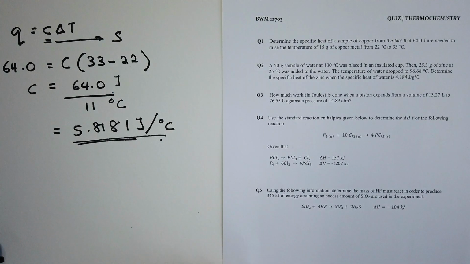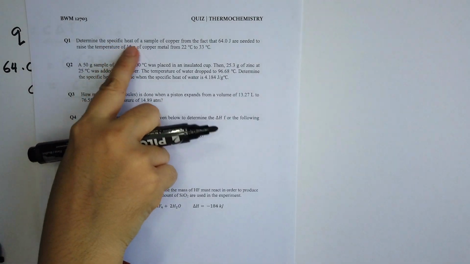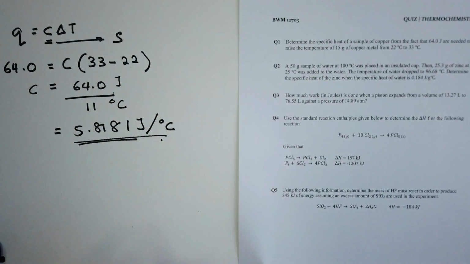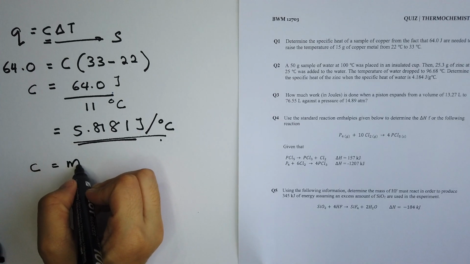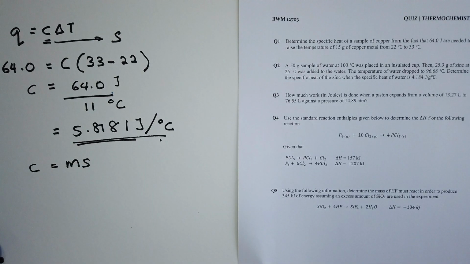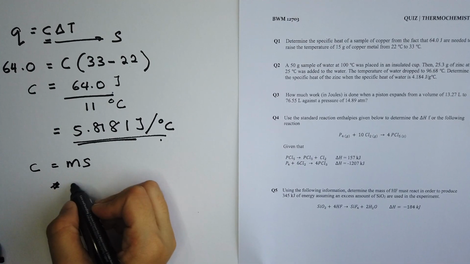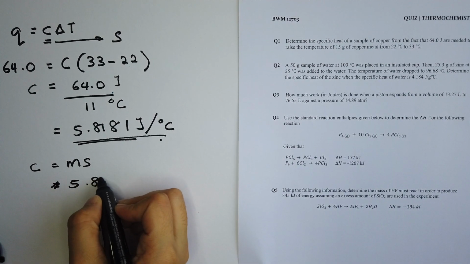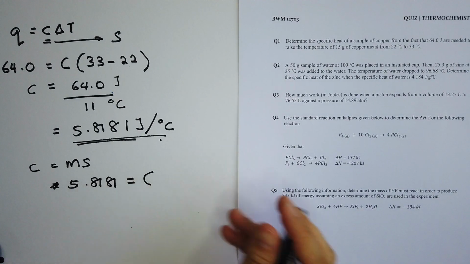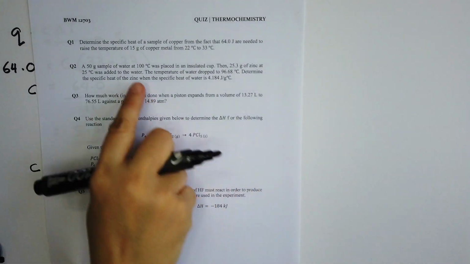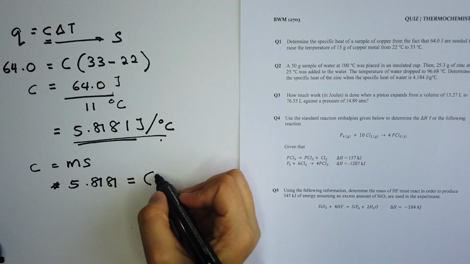So this is the value of C. From C, you need to calculate the specific heat, which is S. C equals M times S. Since you know the value of C, 5.8181 equals M times S. M is the mass, so the mass of the copper is 15 gram.